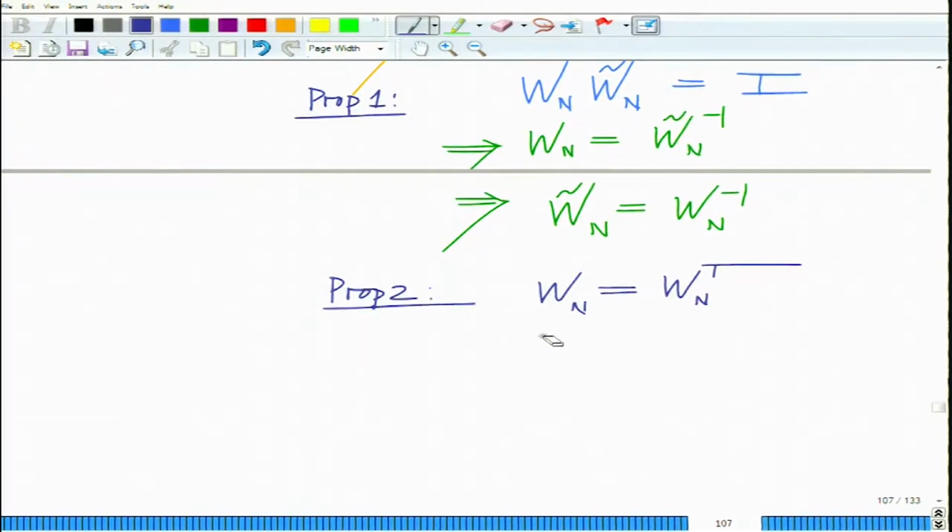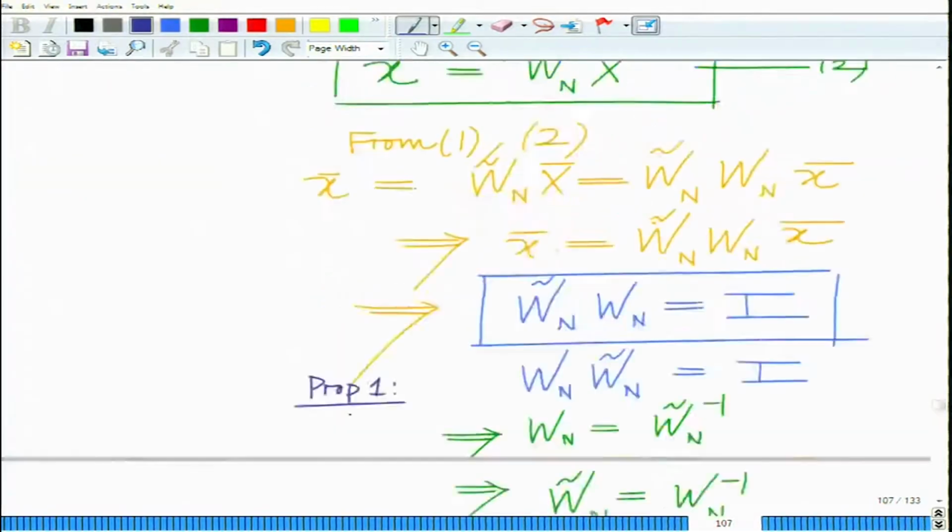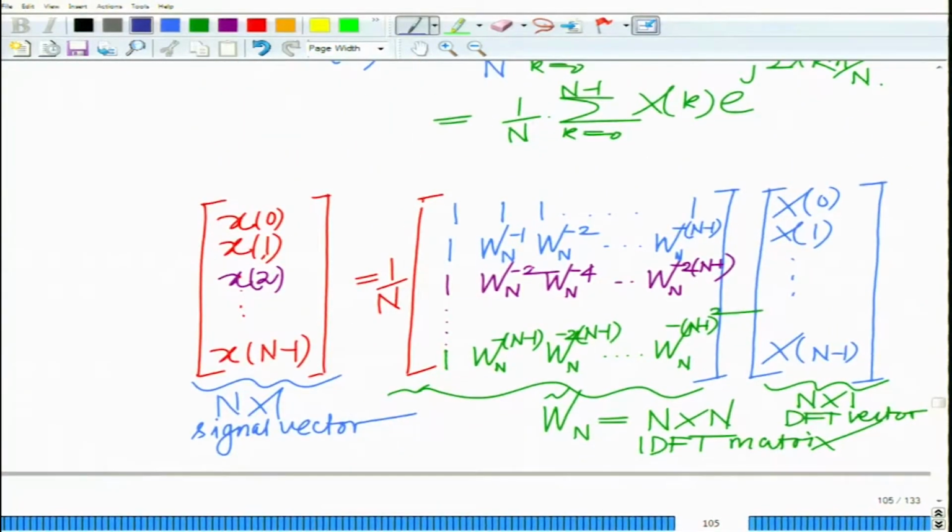Similarly, you can also observe, if you look at the IDFT matrix, Wn tilde of 2 comma 3, second row third column, that is Wn raised to minus 2 divided by n, and Wn tilde of 3 comma 2 is Wn raised to minus 2 divided by n. So, we again have Wn tilde of i, j equals Wn tilde of j, i.